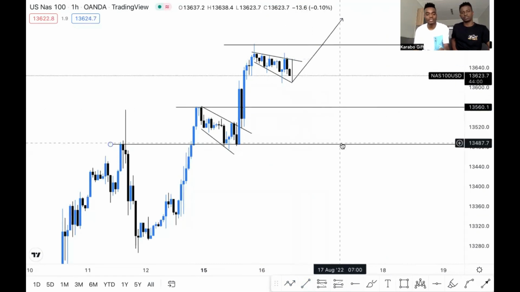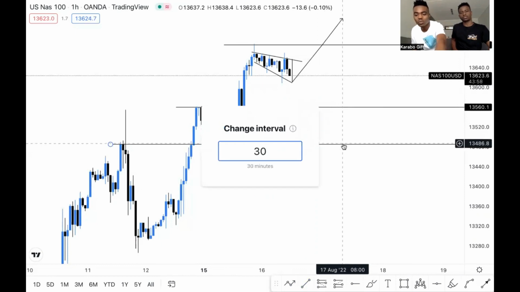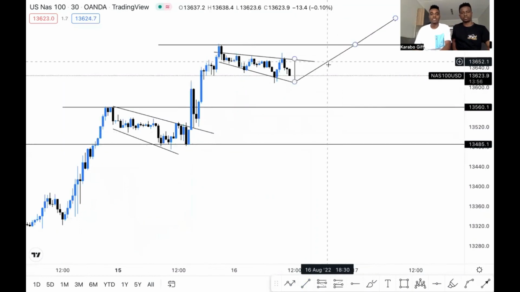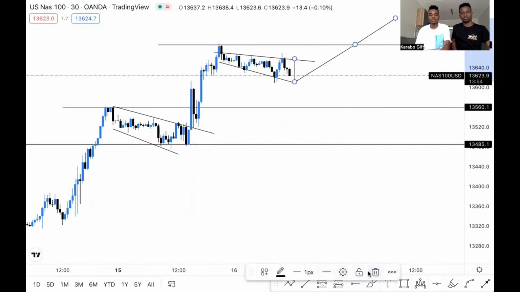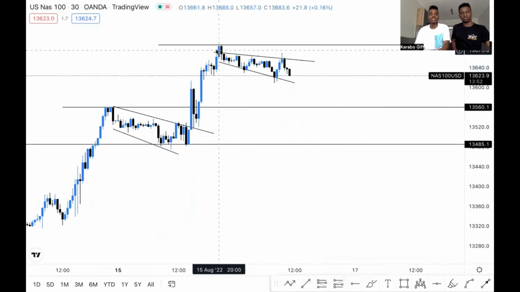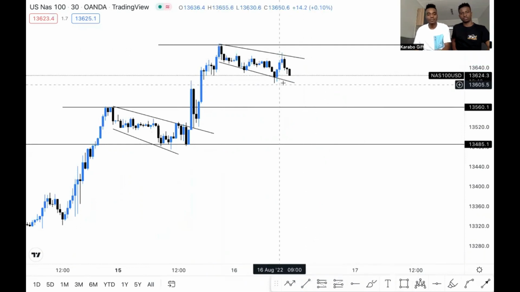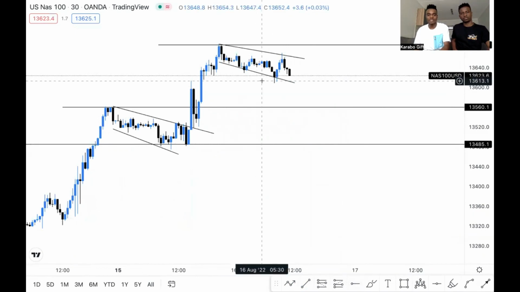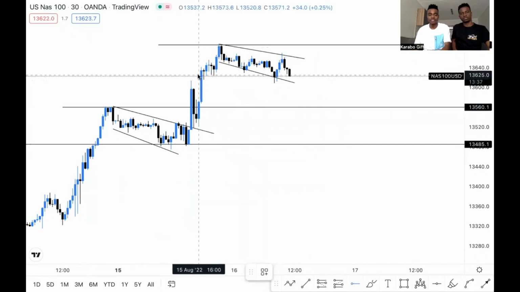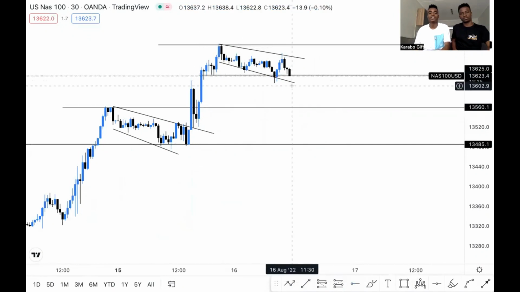So we're going to move to our M30 time frame and check how we're going to take our trades. We remove this. Now we see our correction. But if it breaks this structure, obviously we're going further downside.